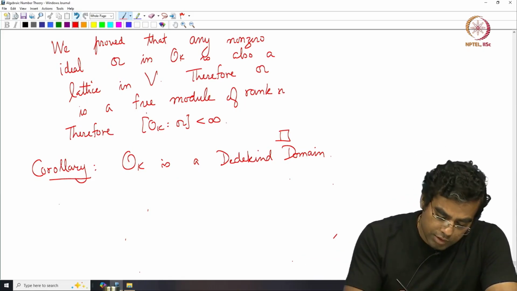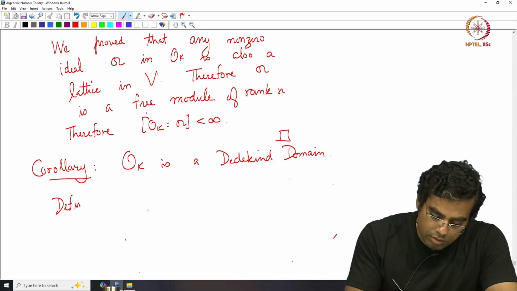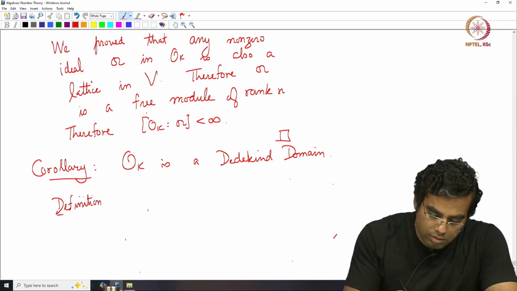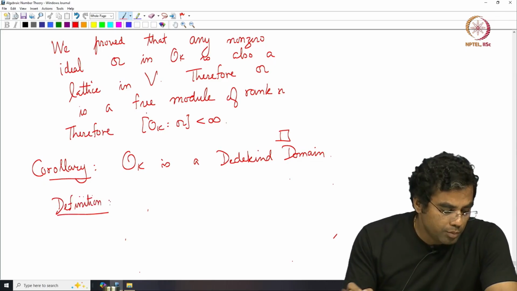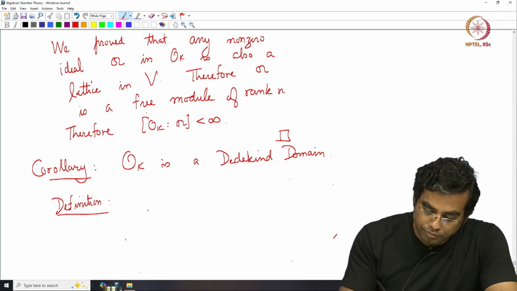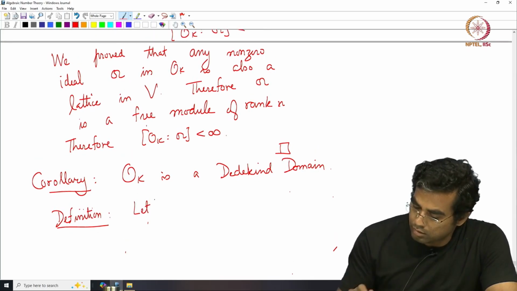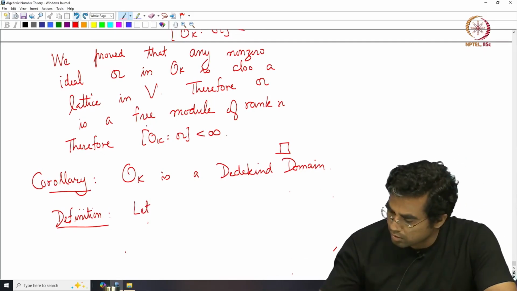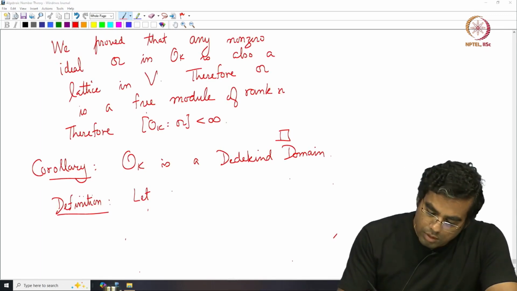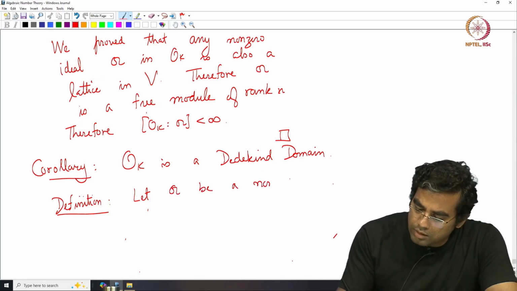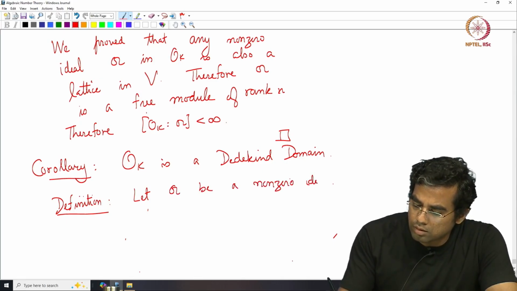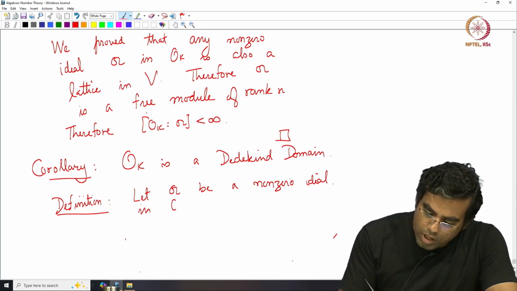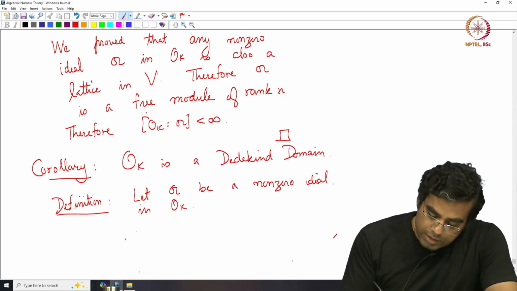the following definition. Let A be a non-zero ideal in OK, then we know that A has finite index in OK.